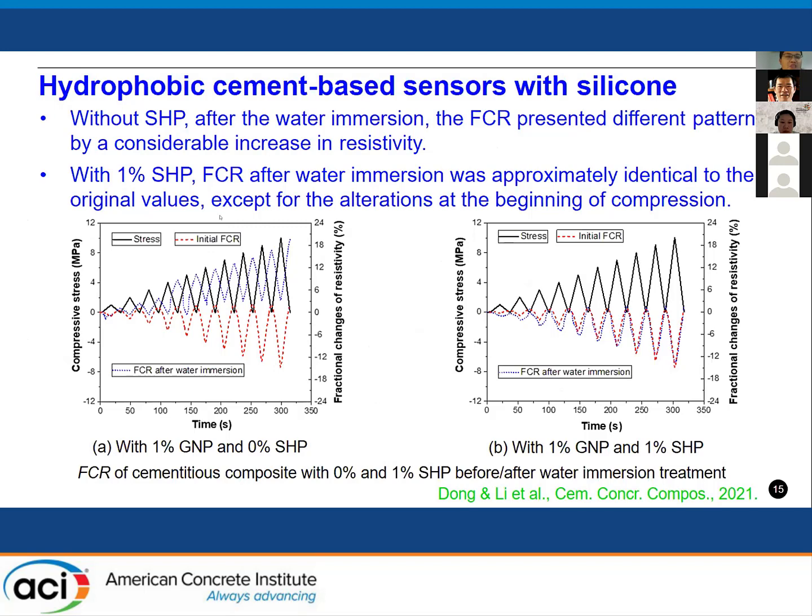Firstly, without SHP after water immersion, we found that FCR presented different patterns with a high increase in the resistivity because of the water penetration into the cement-based sensors. On the other hand, with 1% SHP, the FCR after immersion was generally identical to the original values, except for the alterations at the beginning of the compression.